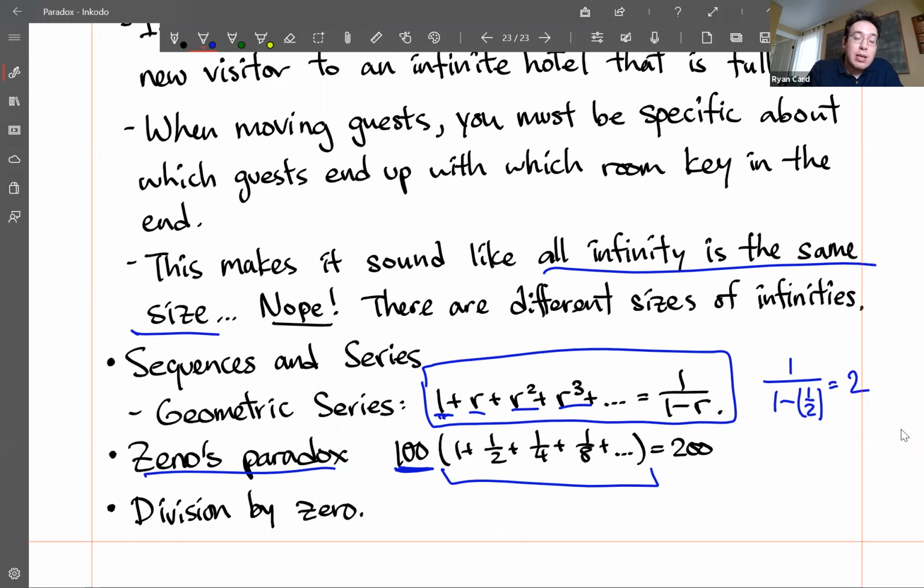And at the end, there was a little bit about the dividing by 0 paradox. Dividing by 0 is illegal in algebra because you could end up with nonsensical answers that are simply not true.